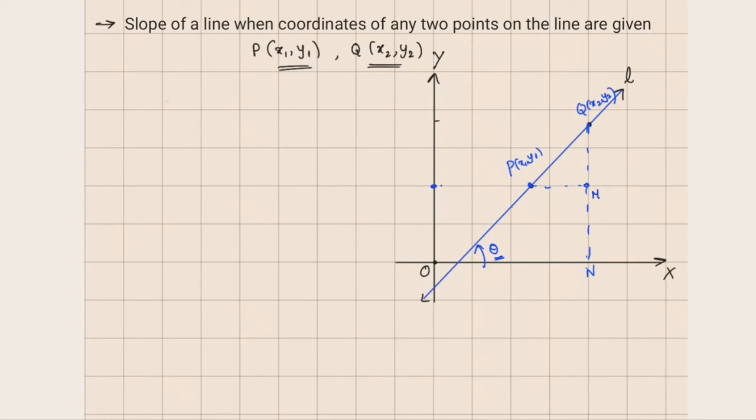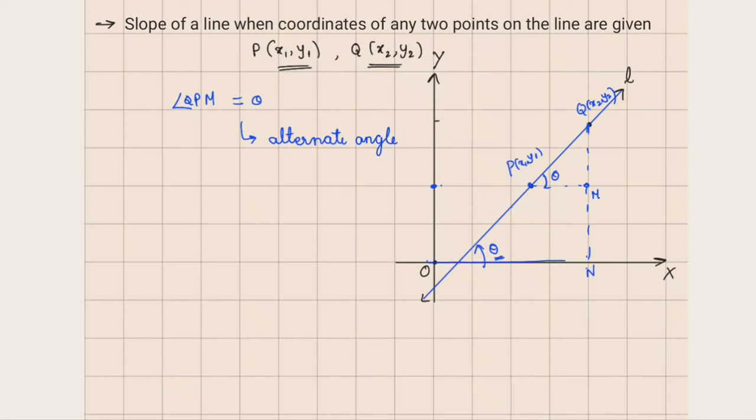See, angle QPM is equal to theta. Why? Alternate angles. This is a basic thing you heard in 8th standard.